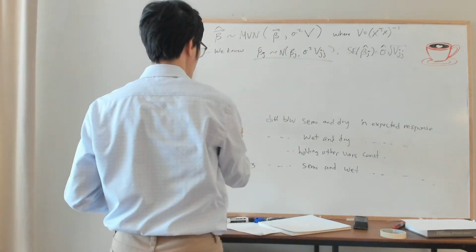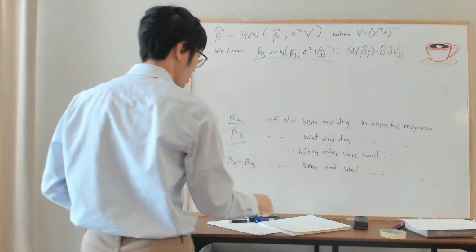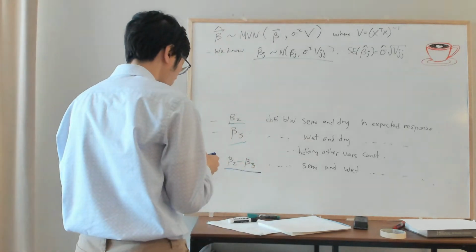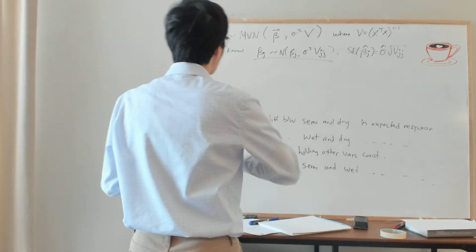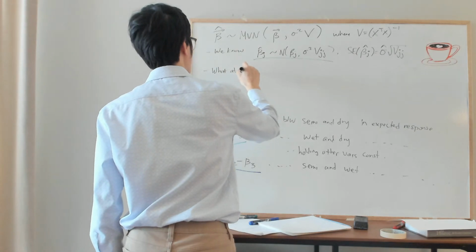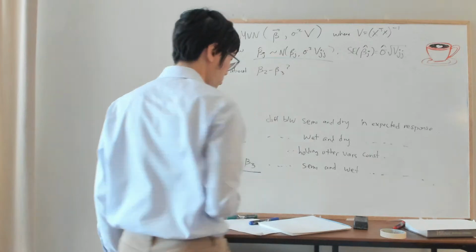This fact helps us deal with the cases of individual variables, but what about this case when we want to deal with beta 2 minus beta 3?